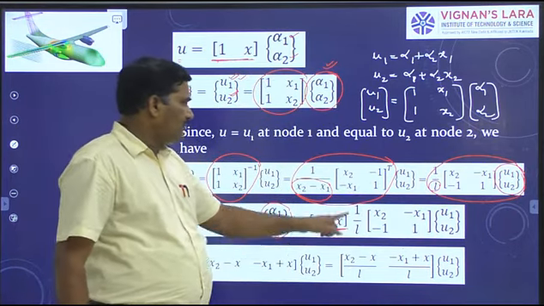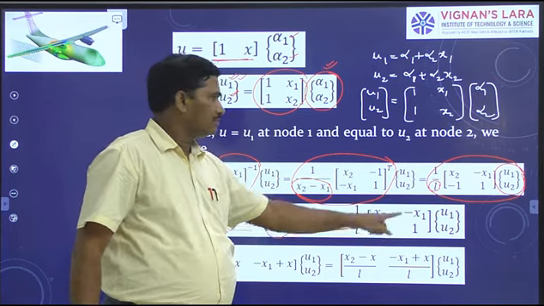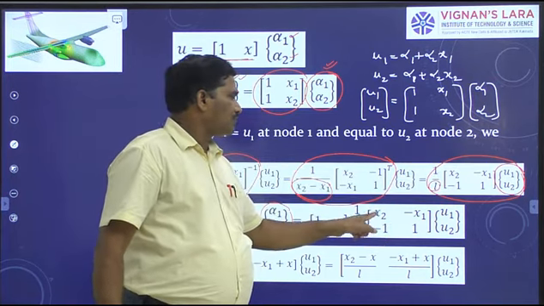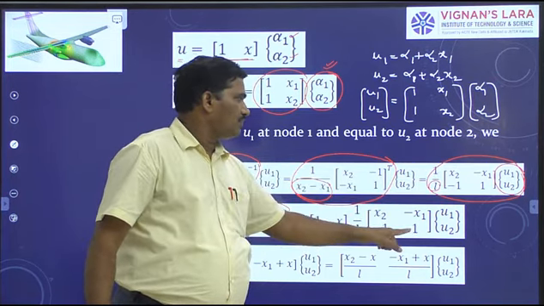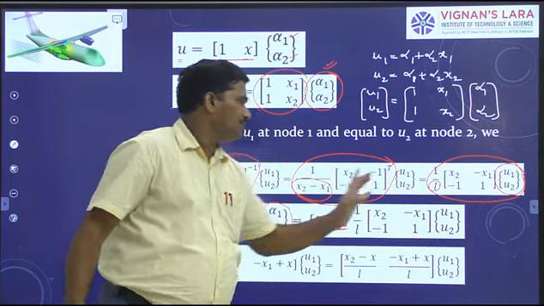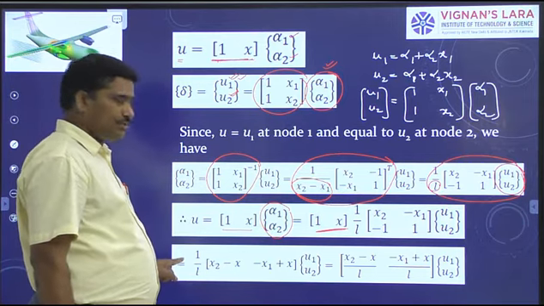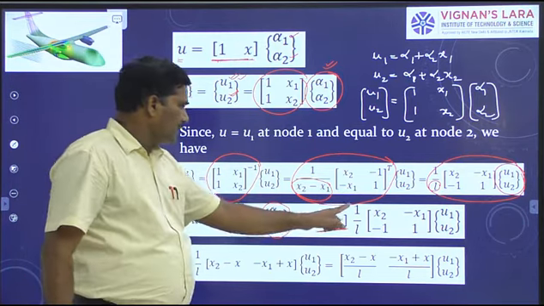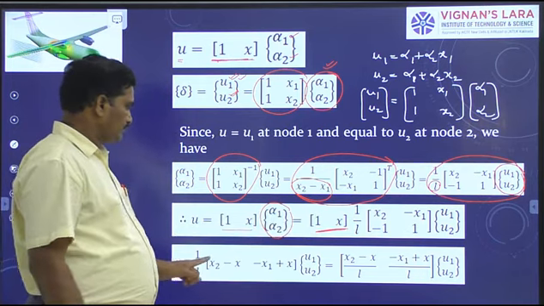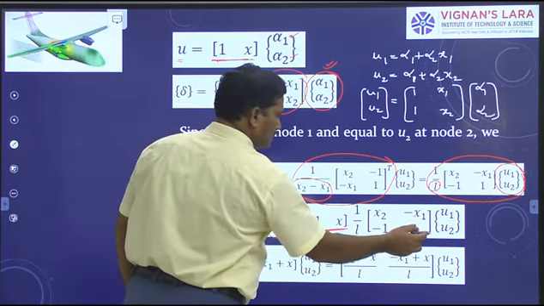That is 1 by L into a 2 by 2 matrix, having x2 minus x1 minus 1, 1 into a column matrix with elements u1, u2.